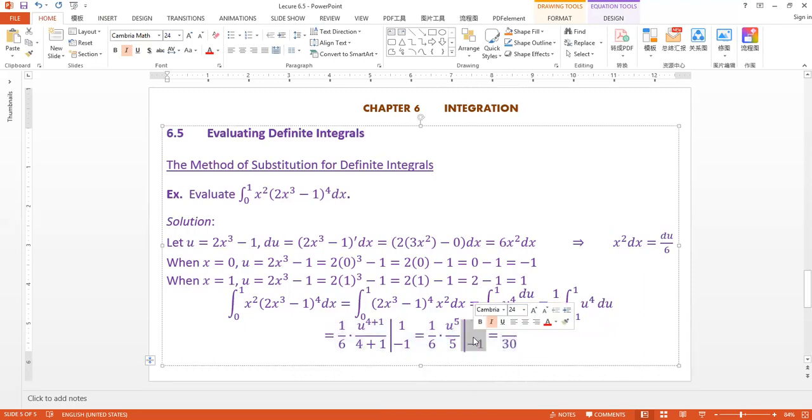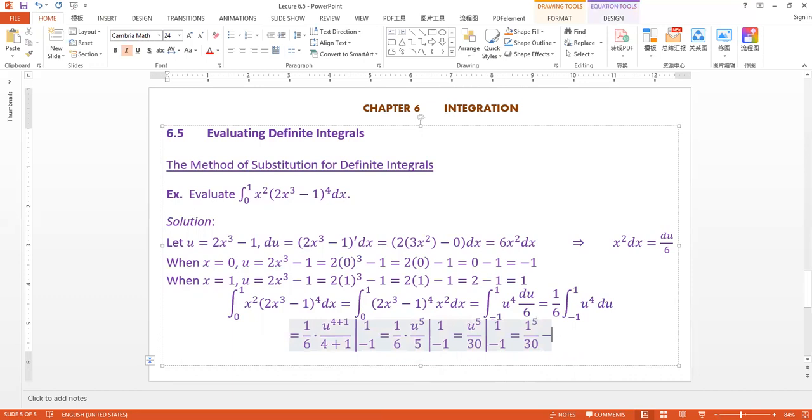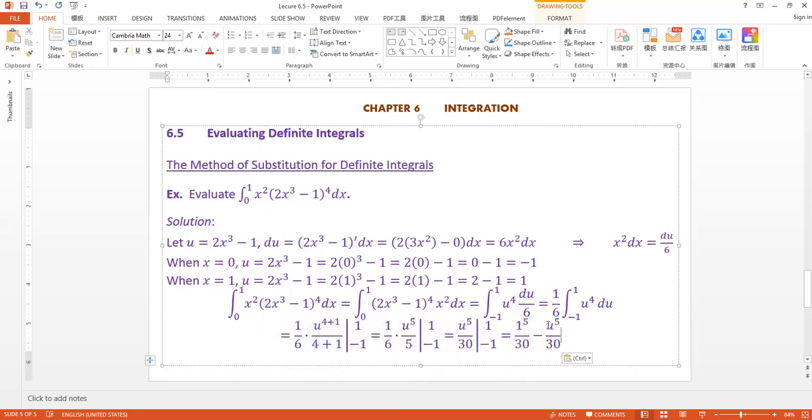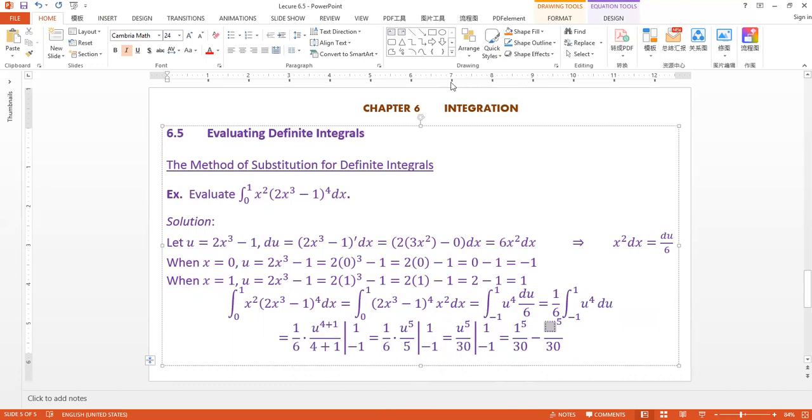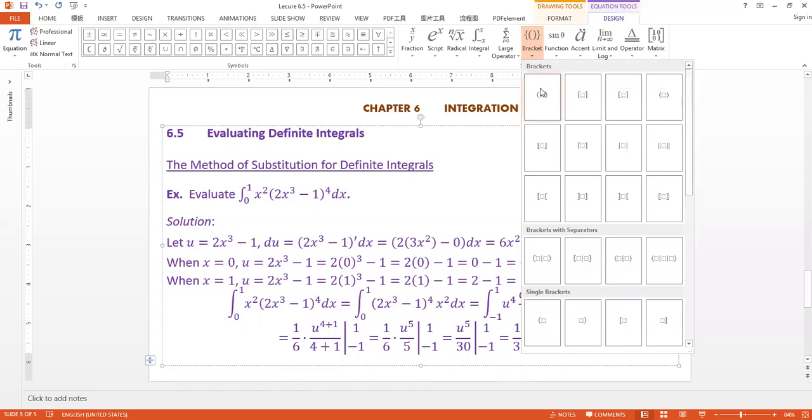Now we plug in 1 and -1 to figure out the final answer. I'm going to plug in 1 for u as the upper limit of integration, and then subtract (-1) to the 5 over 30, the lower limit of integration.